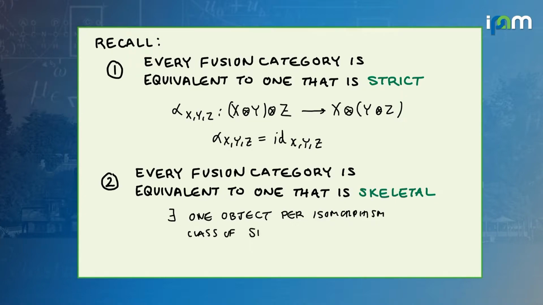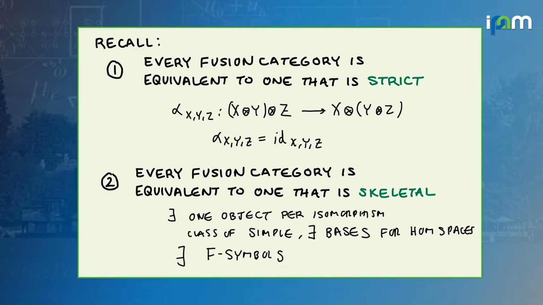And in particular, what this lets you do is pick a basis for all of your Hom spaces. And in particular, you can write down these things that you might have heard of called F symbols, which I'll review in just a moment.